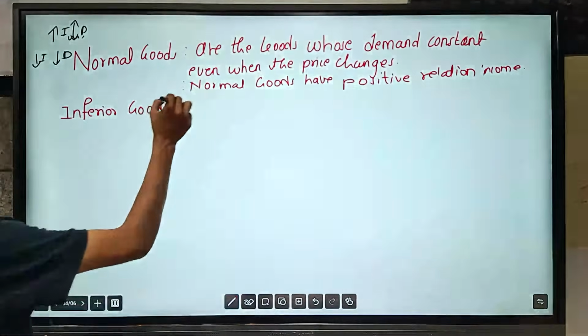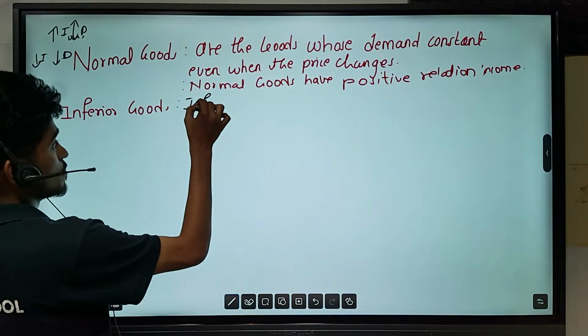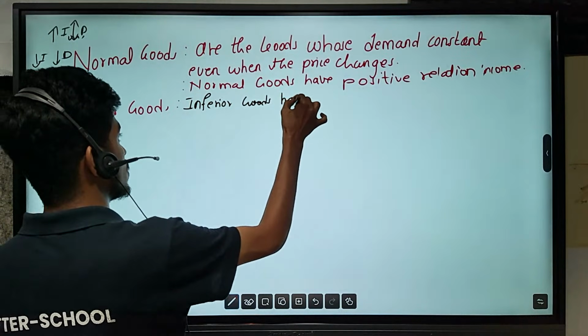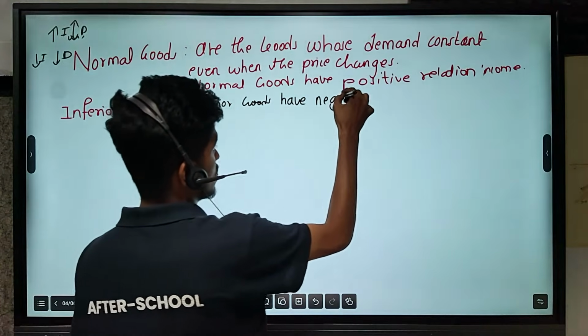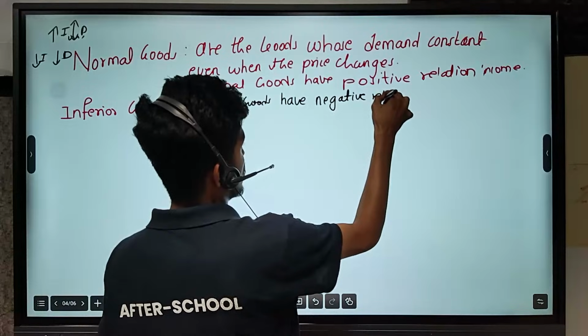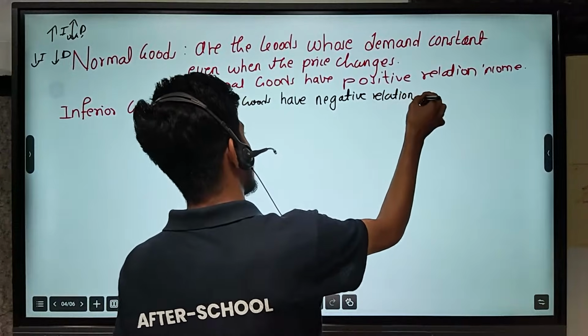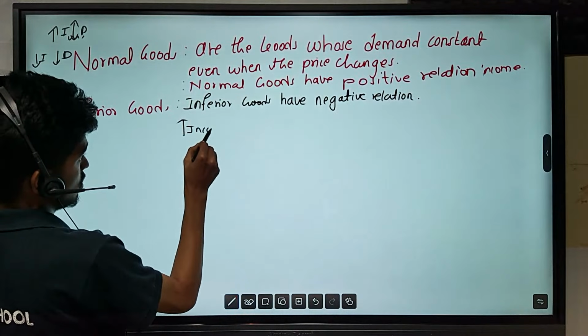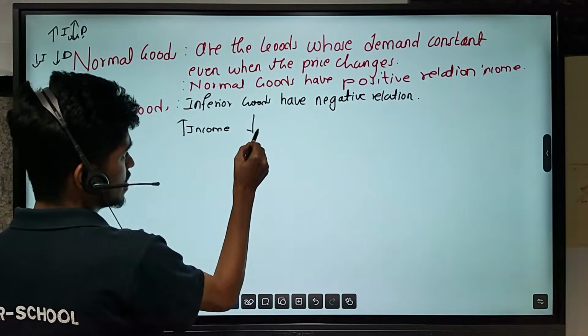Now, what are inferior goods? Inferior goods have a negative relation with income. So how can these goods be explained? When income increases, the demand decreases.